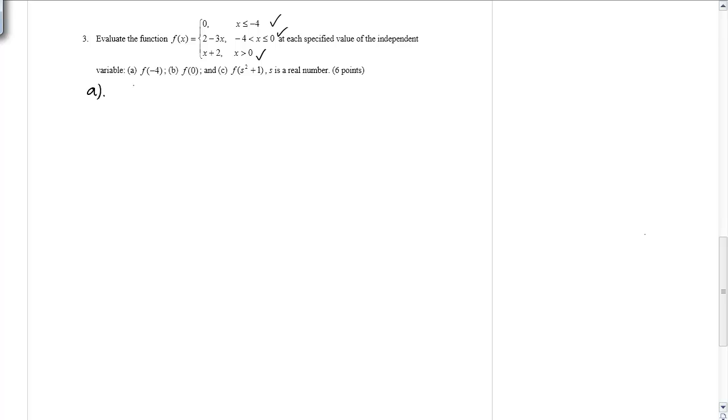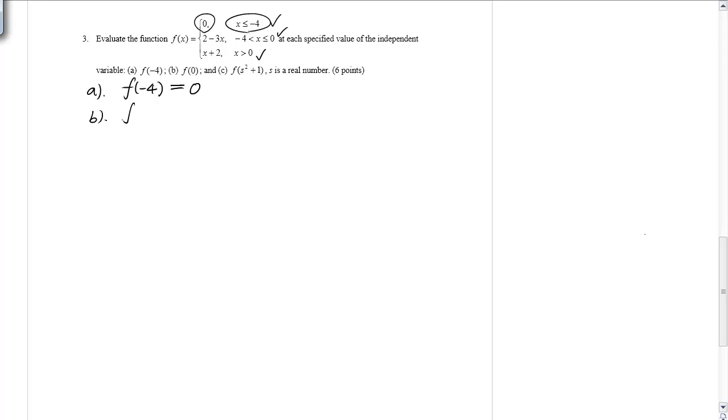Part A, evaluate the function at x equals -4. And when we look back on this function, we realize that x falls into this region. Therefore, this first equation applies. This is simply a constant function, and it doesn't matter what x is, the function value is always 0. Therefore, the answer for the first problem is 0.